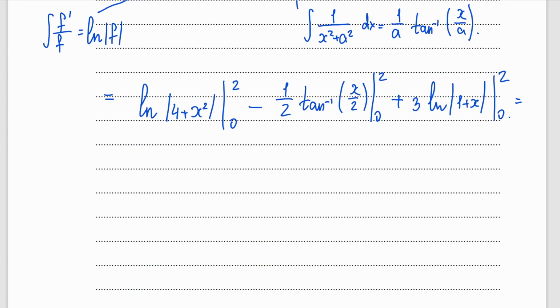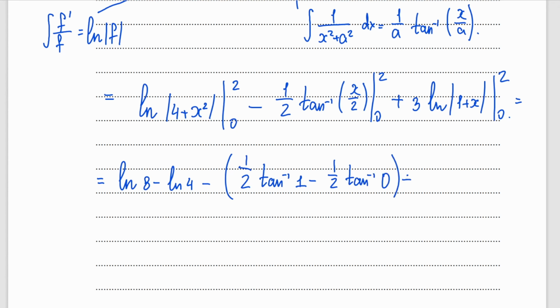Now we're going to substitute upper limits and the lower limits. I prefer to keep a bracket. First of all, the inverse tangent of 0 is going to be 0.